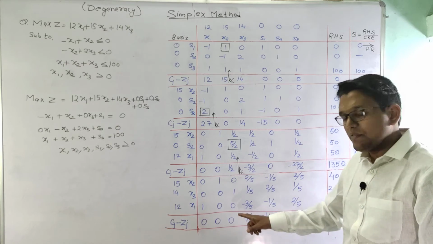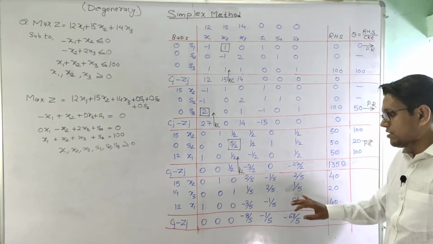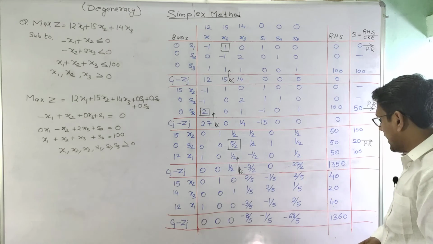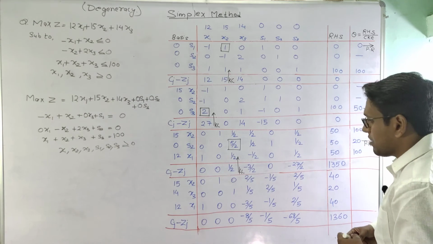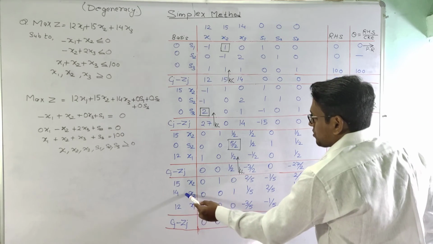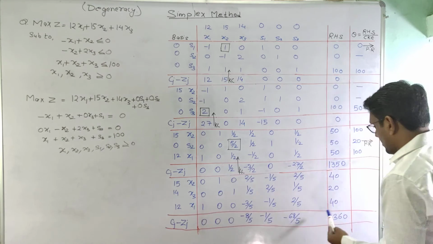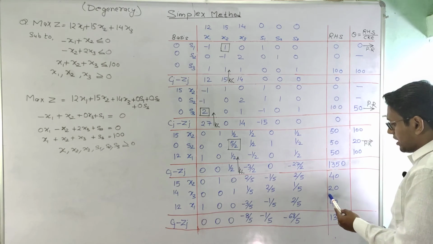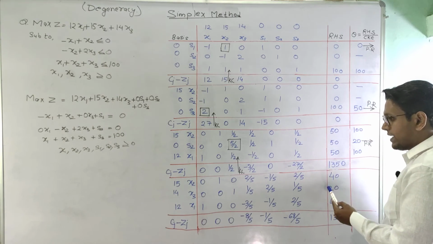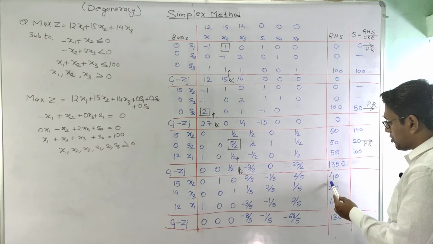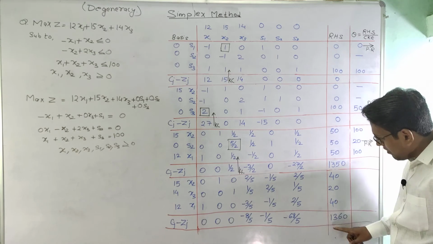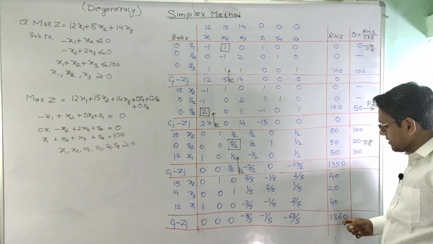Now as we can see here, all the values in the Cj minus Zj are coming as 0 or negative. So this is our optimal solution, and we can see the values of x1, x2 and x3 are coming as x1 equal to 40, x2 equal to 40 and x3 equal to 20, and it is giving the value of Z as 1360.